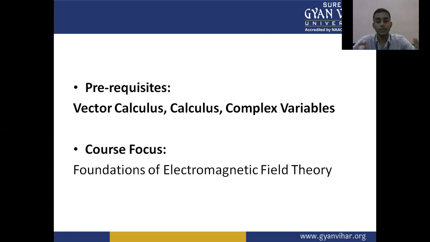They are able to understand the conversion techniques between the Cartesian, spherical, and cylindrical coordinate systems. Without the coordinate systems, you cannot understand the gradient, divergence, and curl. The course is focused on the foundation of electromagnetic field theory.